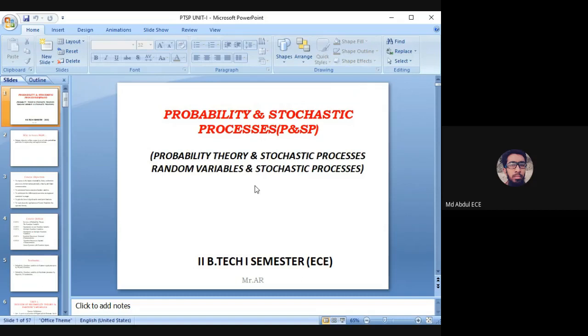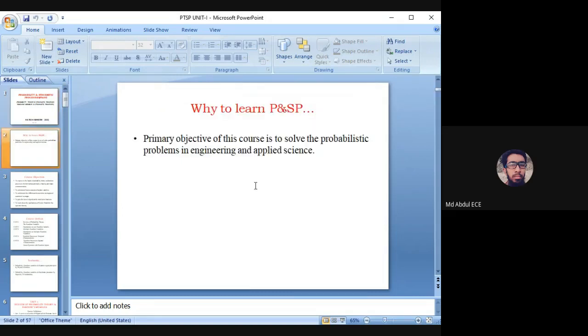So let me start with why we are going to learn this subject. The primary objective of this course is to solve the probabilistic problems in engineering and applied science.